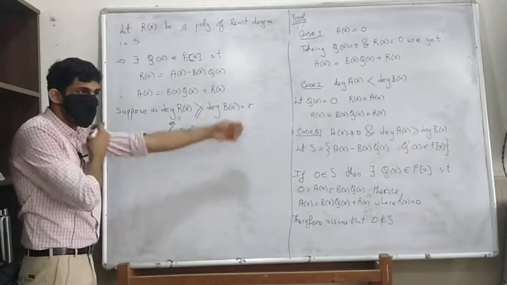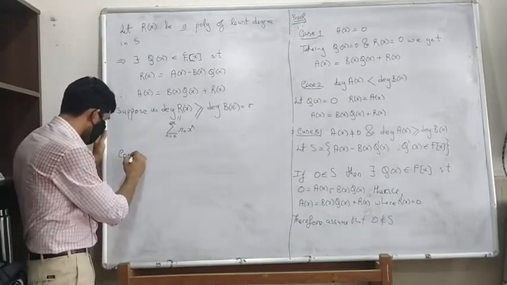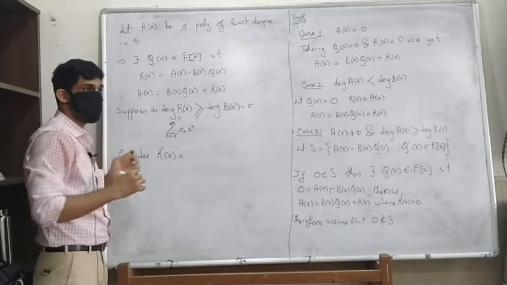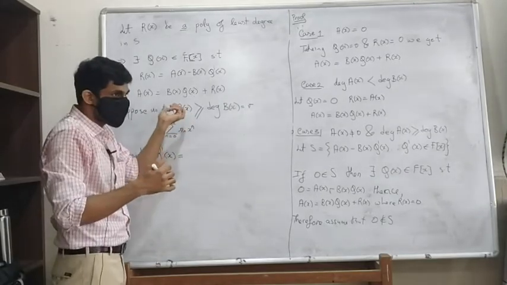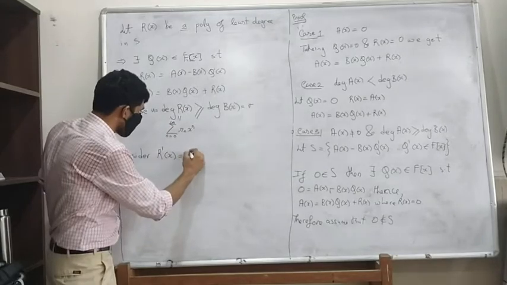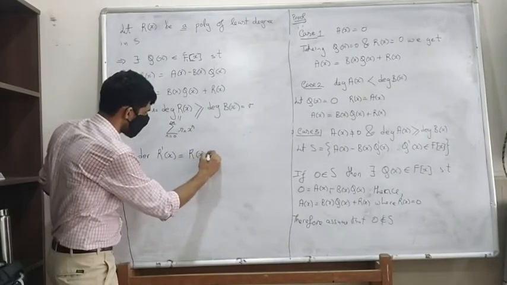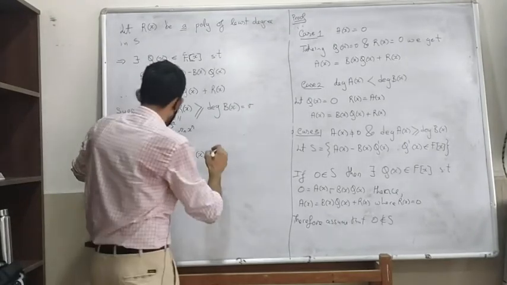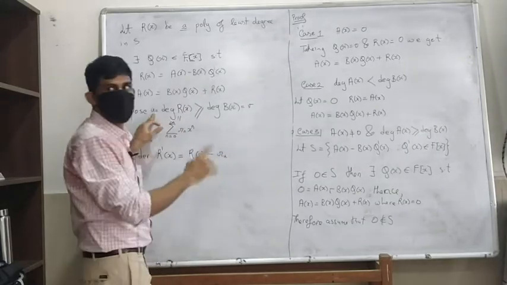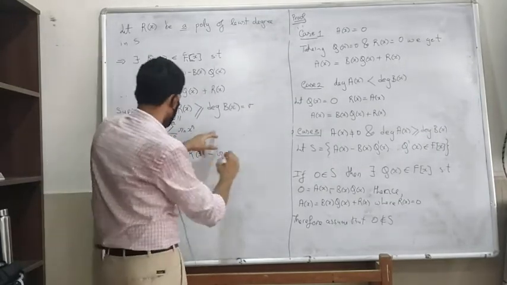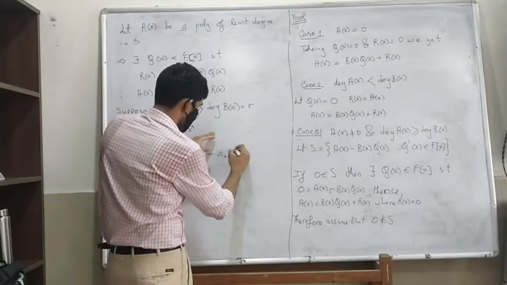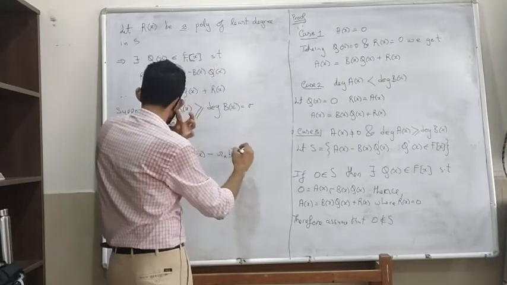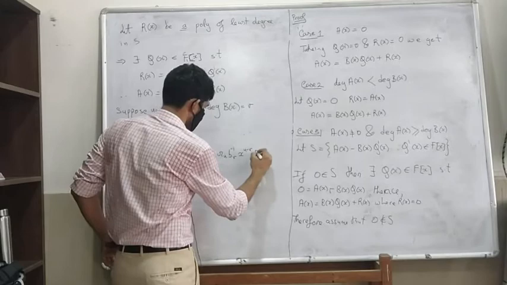Consider R prime of x to be this polynomial, that is, I want a polynomial with degree less than R of x. So that is R of x minus r u, since the degree of this is u, times b v inverse, times x raised to u minus v, times b of x.